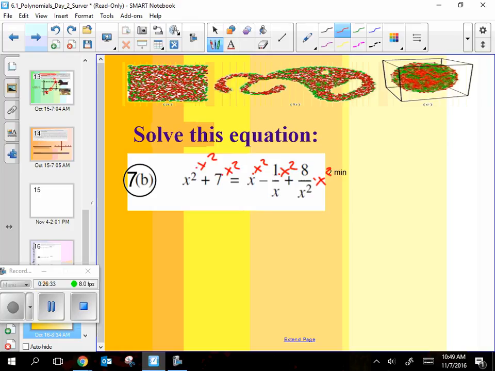And this one, it's really obvious because x squared and x squared cancel. But what happens here? How do I know the denominator goes away? Because one of the x's will cancel, right? And why is this a good thing? Because now it looks exactly like one of your problems, except it's got an equal sign in the middle of it. So you want to set it all equal to 0 like this. And if you can factor it, you should.